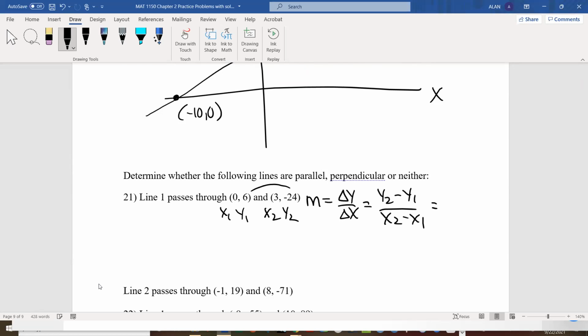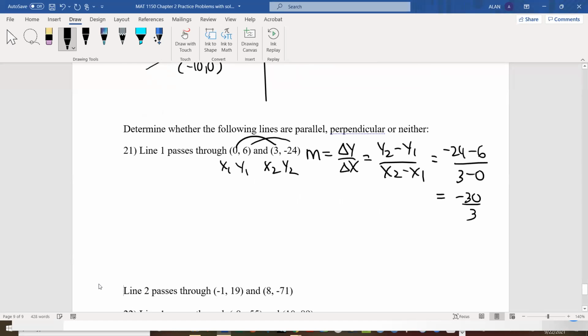So the difference between the y's is -24 minus 6. For the x's, it's 3 minus 0. That gives -10. Now, what about this one?